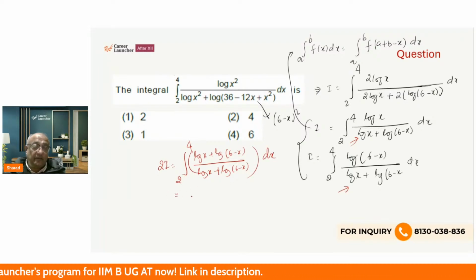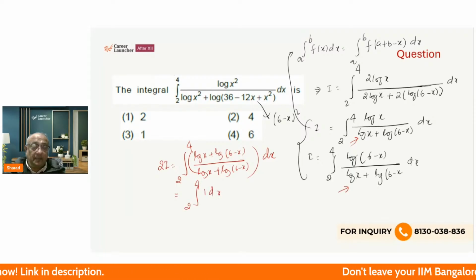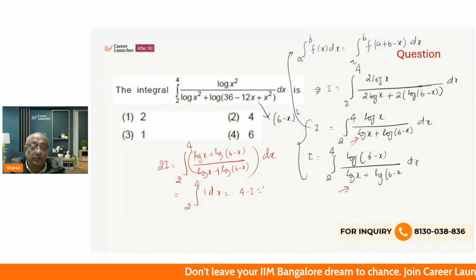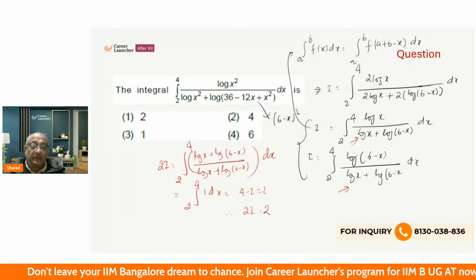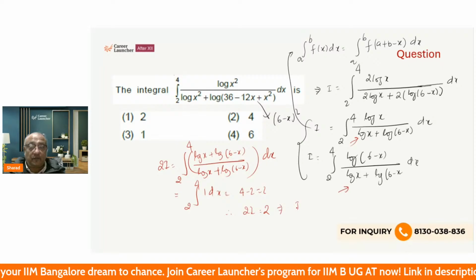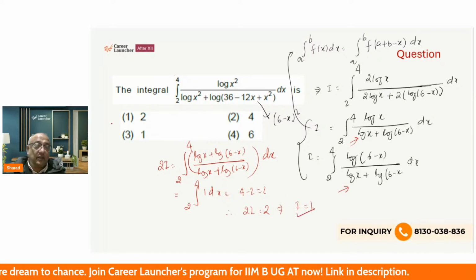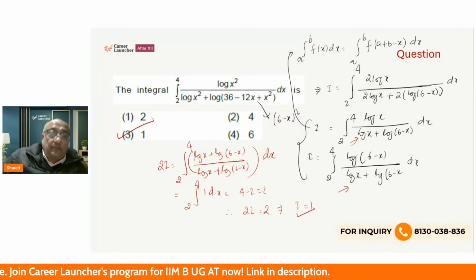So this value will be integral from 2 to 4 of 1 dx. So this value will be equal to 4 minus 2, see how simple this is? So the properties of definite integration, of course, make a hell of a difference while solving the problem.